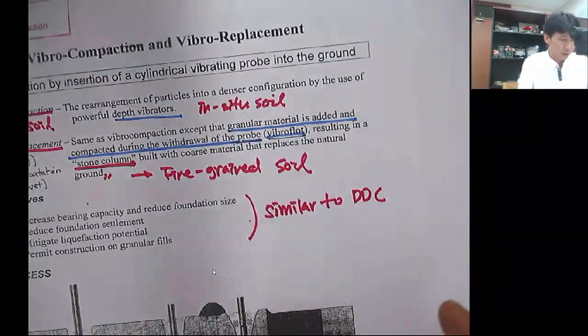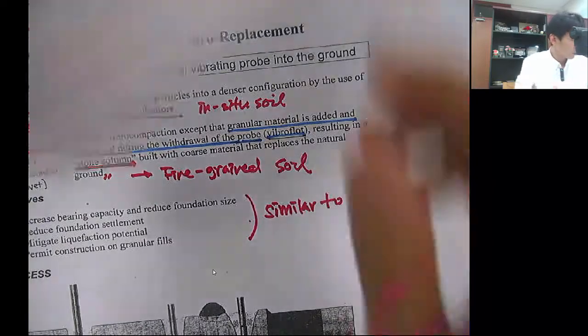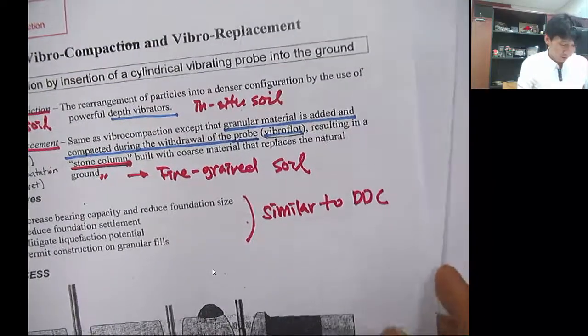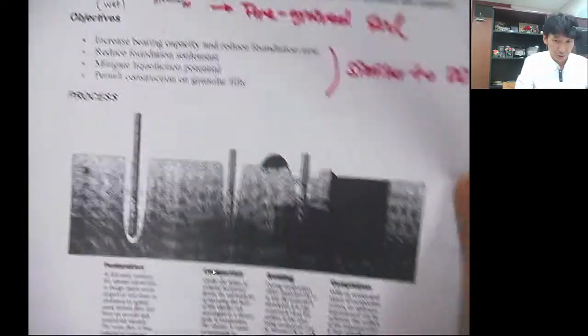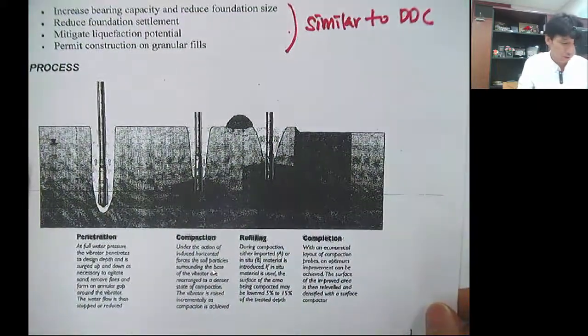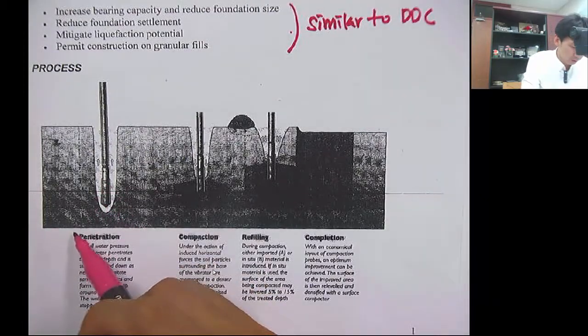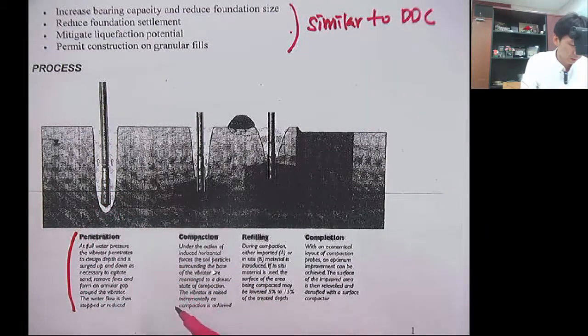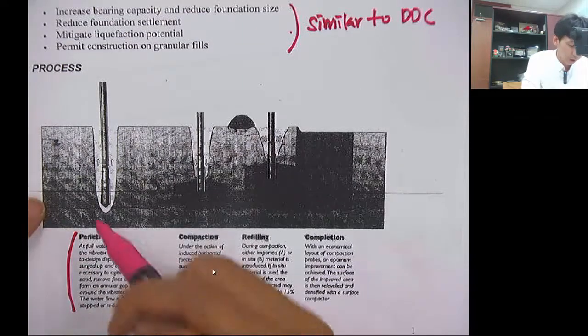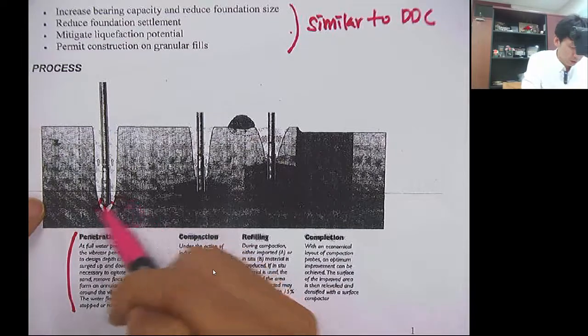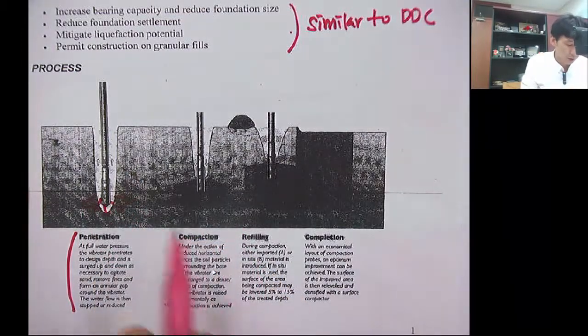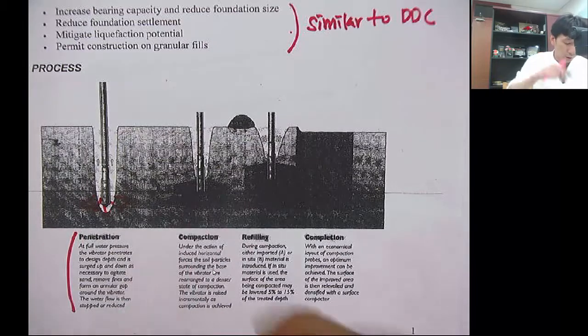Okay, so then what will be the process? This shows the process of this vibral replacement and the vibral compaction. So first you push this vibrator or the probe using some water jetting. As you spray the water, it will liquefy the soil so that you can insert the probe easily.